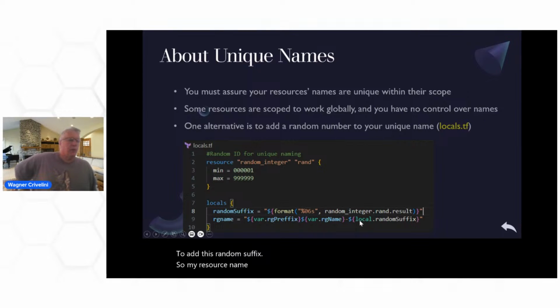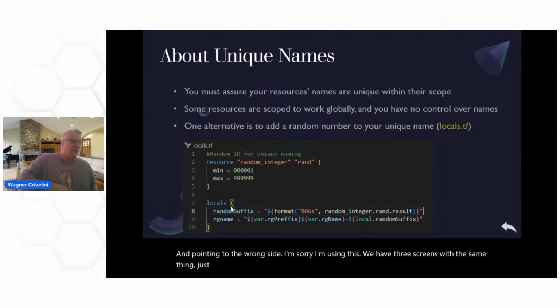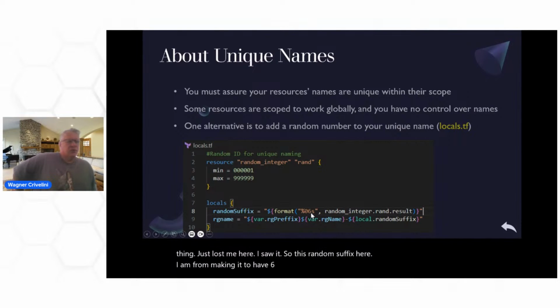I'm pointing to the wrong side, I'm sorry. We have three screens with the same thing, and I just got lost here, I'm sorry. So this random suffix here, I am formatting it to have 6 figures, so I will add zeros to it.